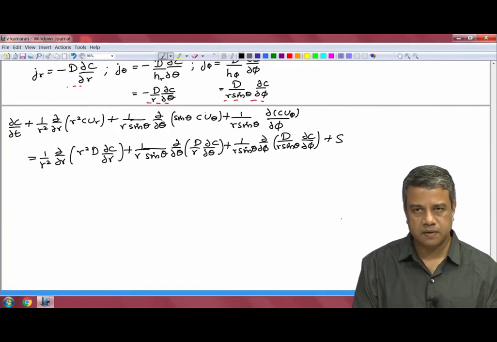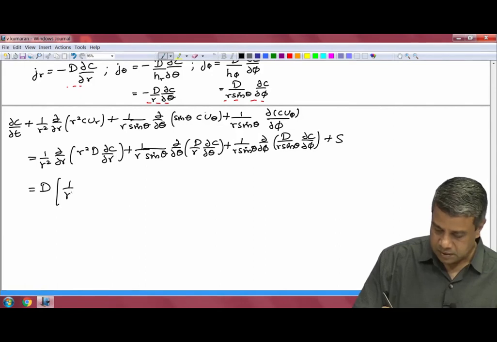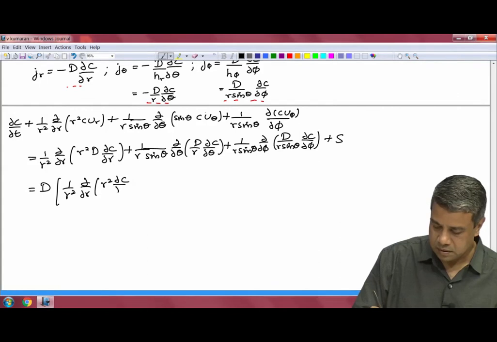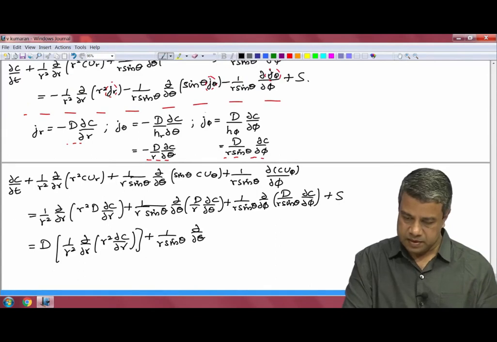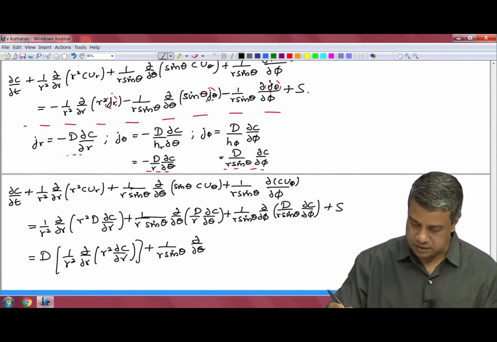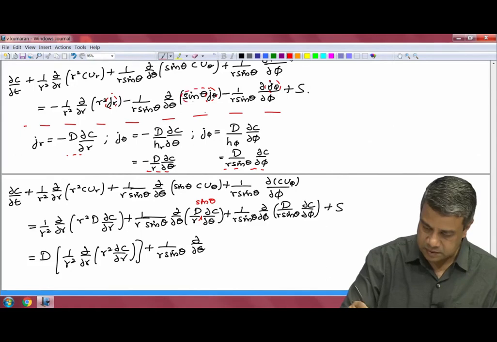And finally, we can simplify this for the case where the diffusion coefficient is a constant. The right side will just become equal to d into 1 by r square d by dr of r square ... 1 by r sin theta. Made a mistake here, I have not included the sin theta inside this. So, over here there is a sin theta, which is due to this term here.